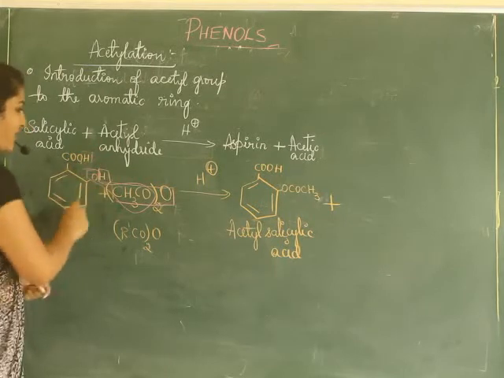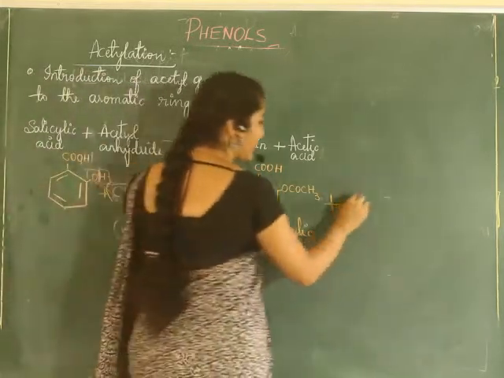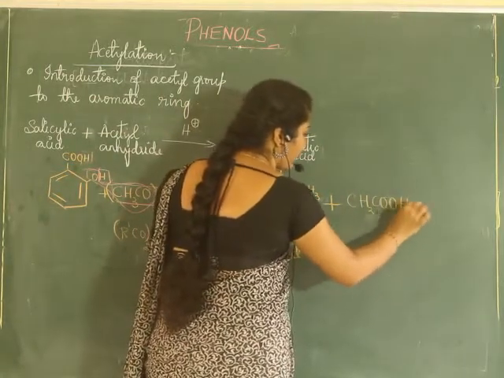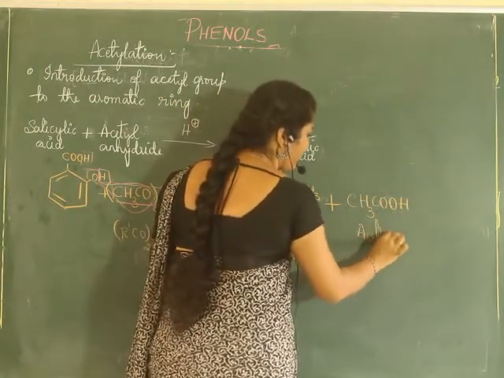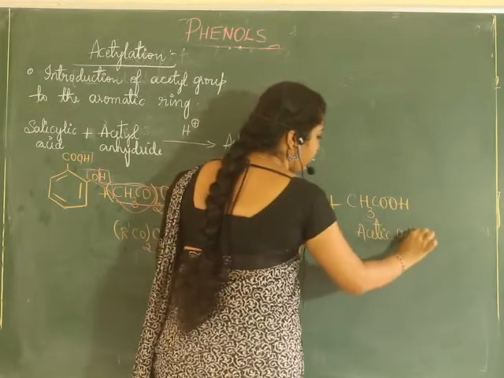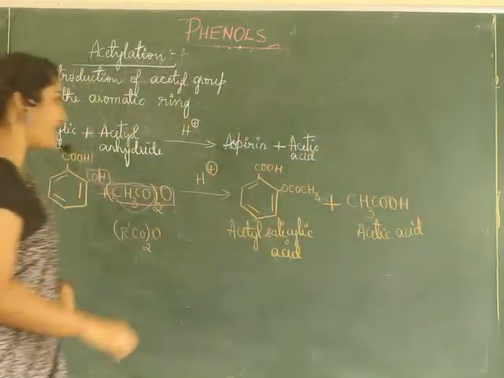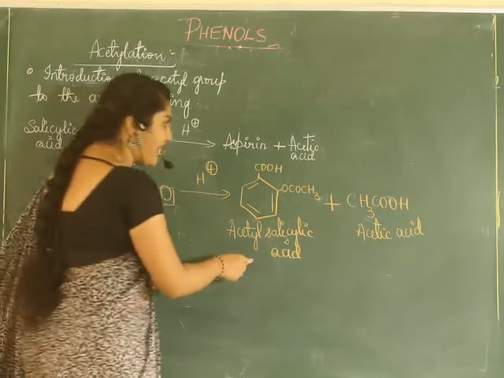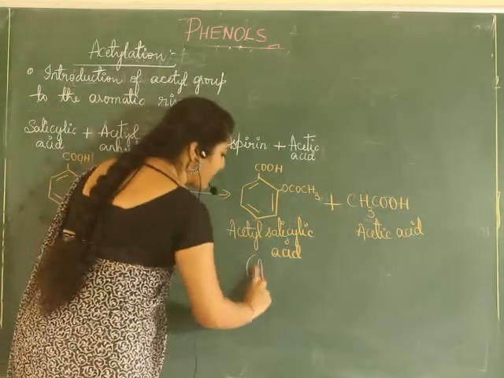So the byproduct is CH3COOH, which is acetic acid. Hope it is clear now. And this acetyl salicylic acid is also called aspirin.